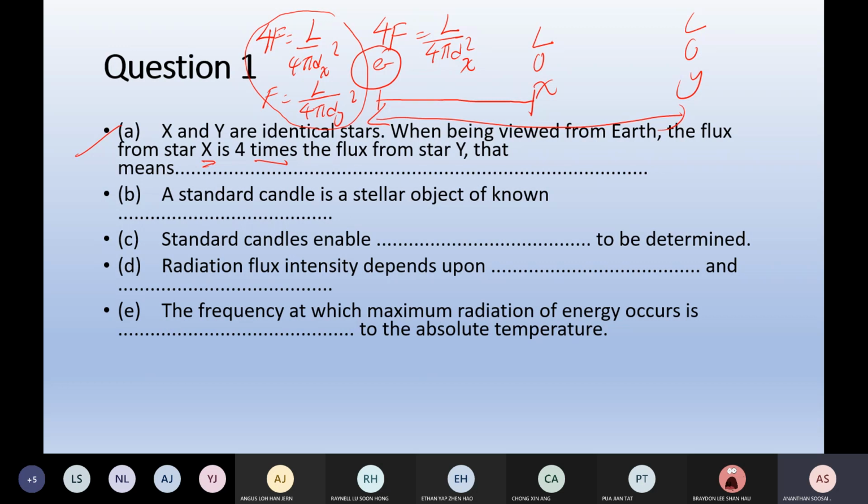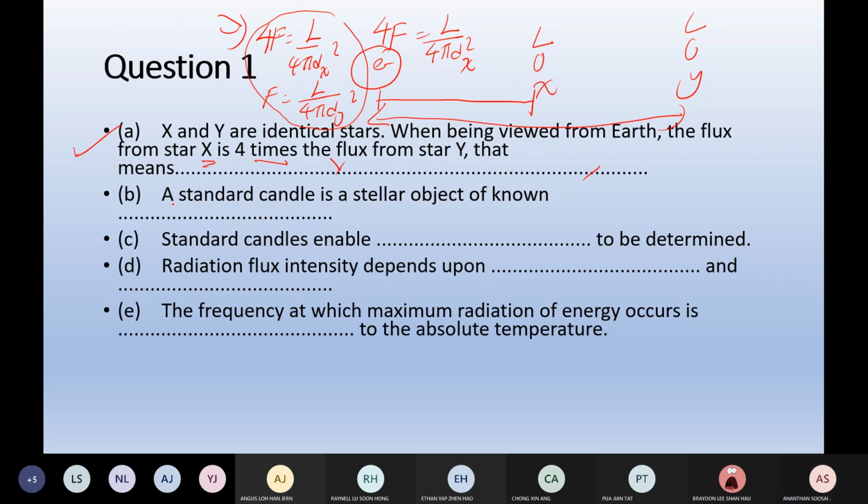How many times? Twice. You rearrange this, you get the answer. Those who got Y is twice further away from X, good. Those who thought of the flux formula to be used, good. That's part A. Any questions? Hope you got the idea.